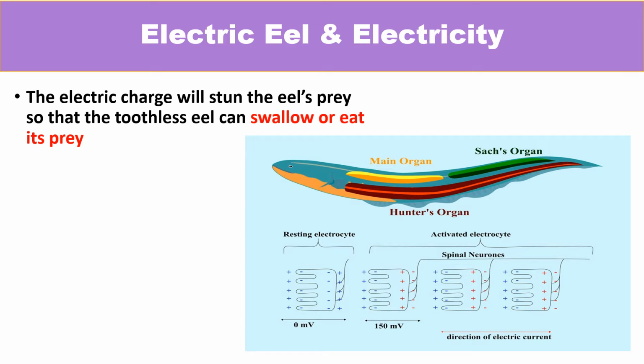So let's say you will see a GIF image. I want you to think about the hunter's organ that starts from the tail all the way to the main body part of the eel. That is a big or long distance, if you will.